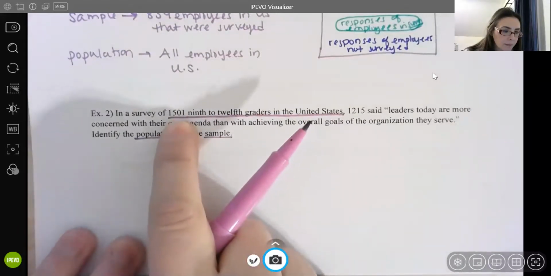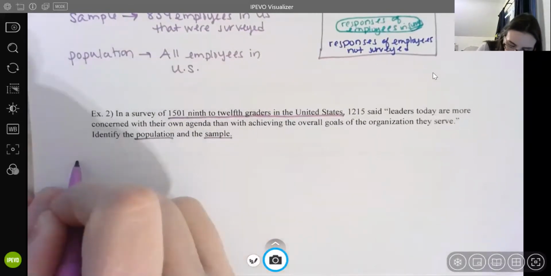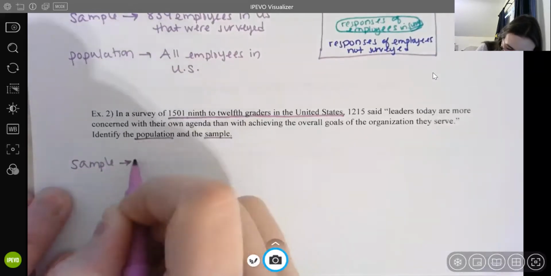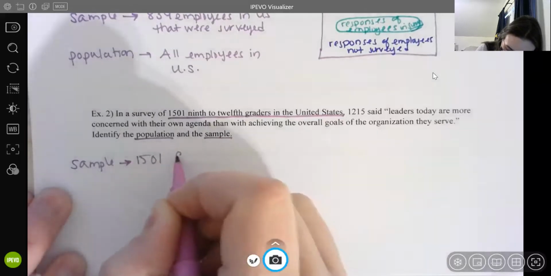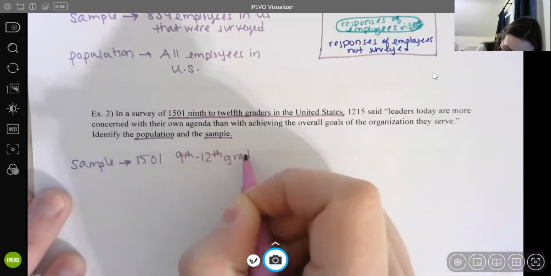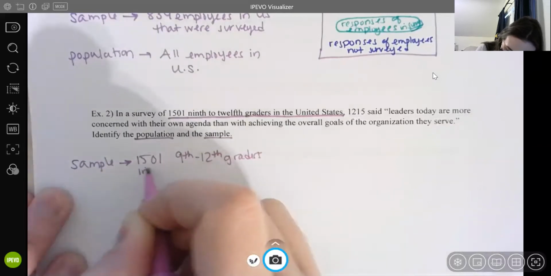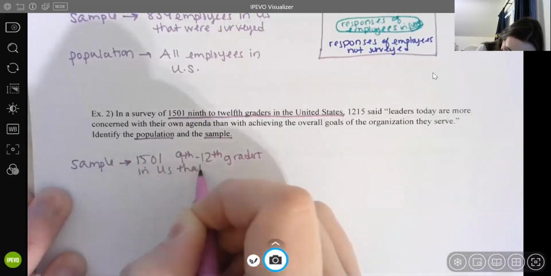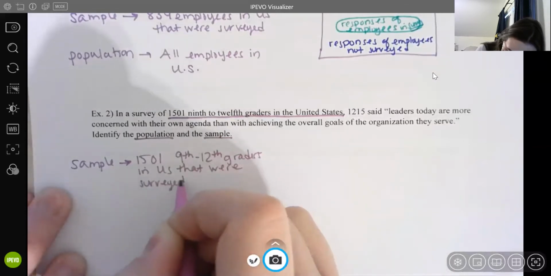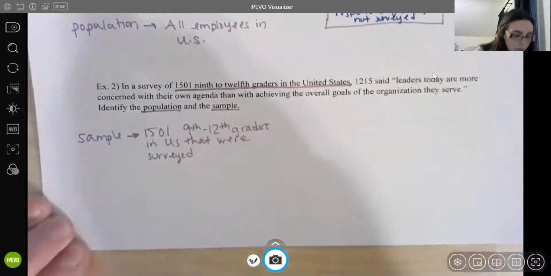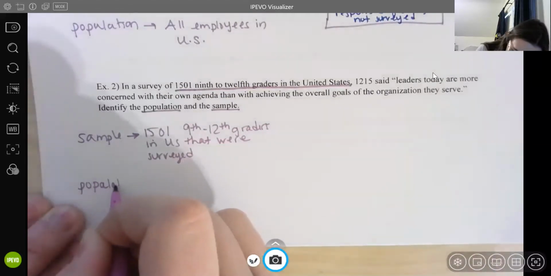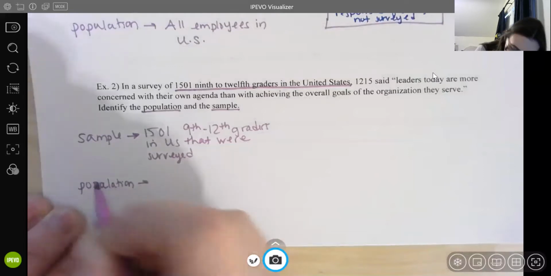This is a sample. So our sample here would be the 1,501 9th to 12th graders in the US, again, that were surveyed. So what's the population?